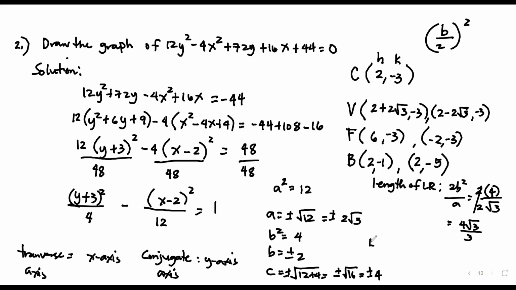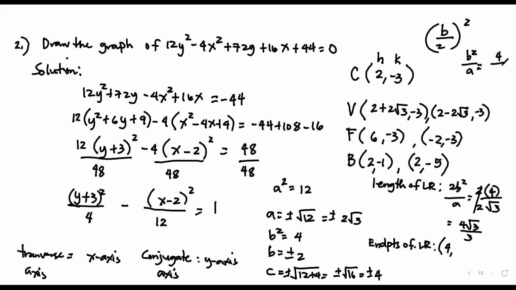And then, what are the endpoints? We use c: positive c or negative c, and b squared over a.